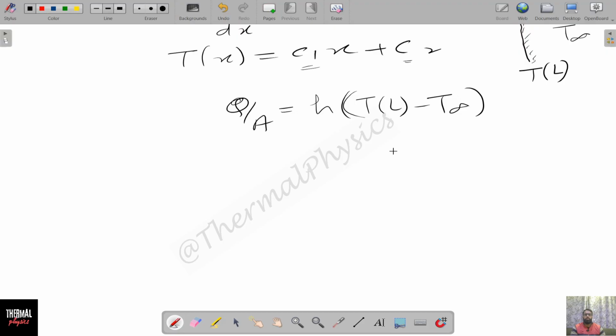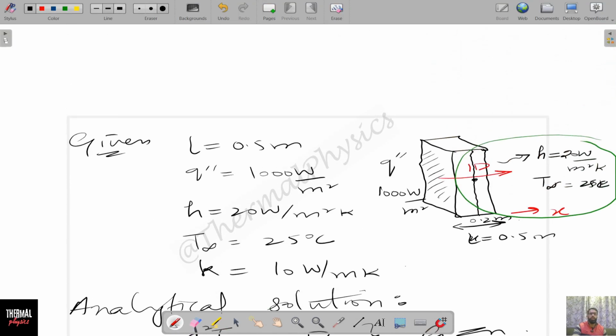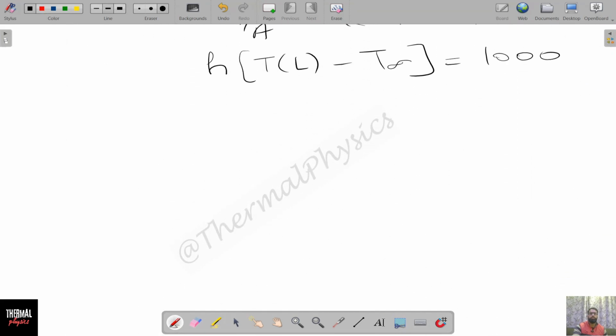So this is another boundary condition: h times (T of L minus T infinity) equals 1000, because the same heat gets transferred to the other end. We know this from the thermal network: one resistor is conductive, another is convective, so total Q dot is the same in series. So the same heat will be transferred to the other side, that's why 1000.